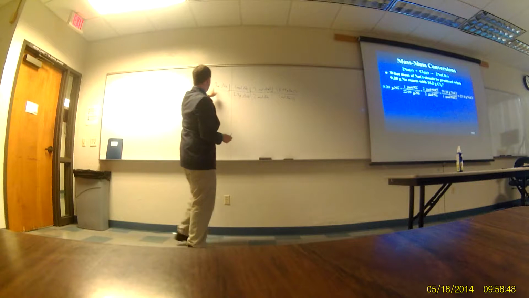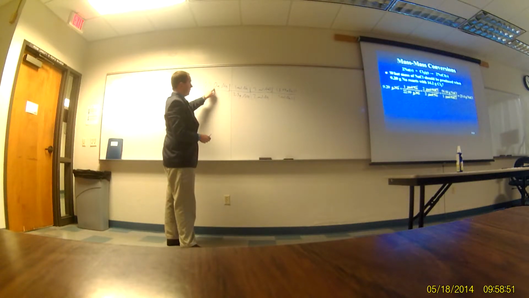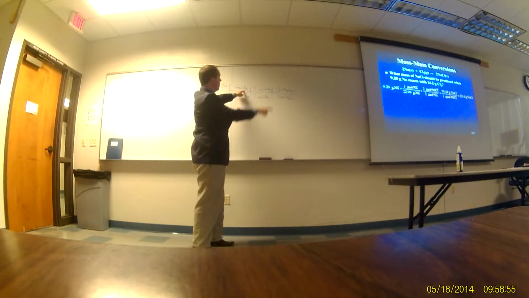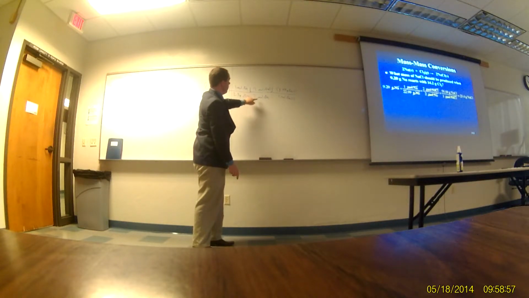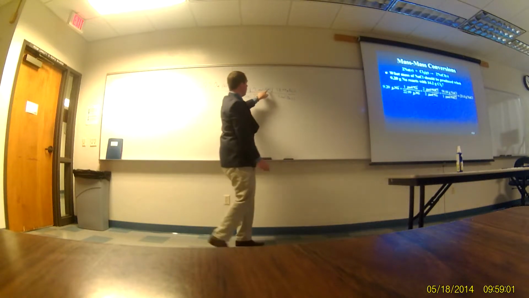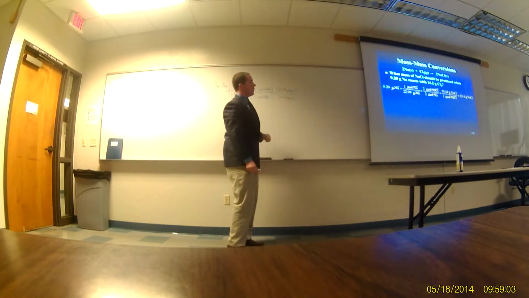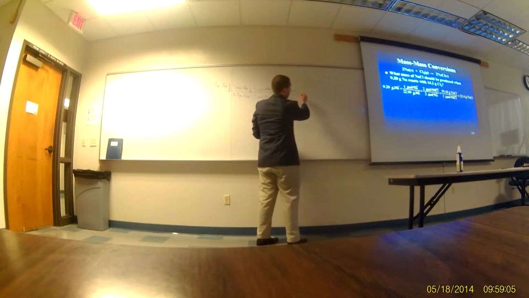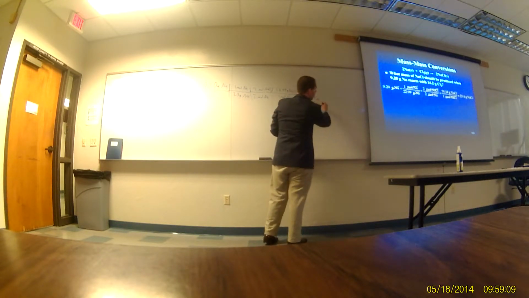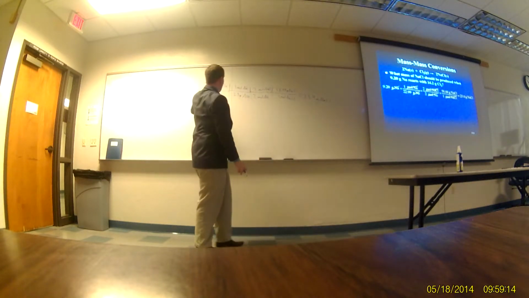So we went grams of sodium, converted it to moles of sodium, used the coefficients to go from moles of sodium to moles of sodium chloride, and then went from moles of sodium chloride to grams of sodium chloride. And that says we get 23.4 grams of sodium chloride. So that's half of the problem.